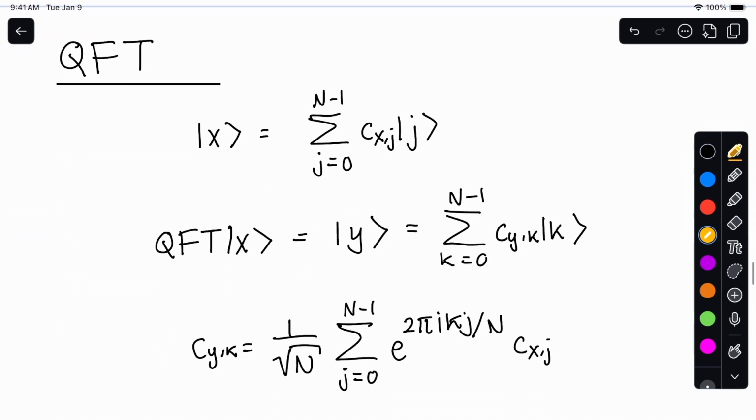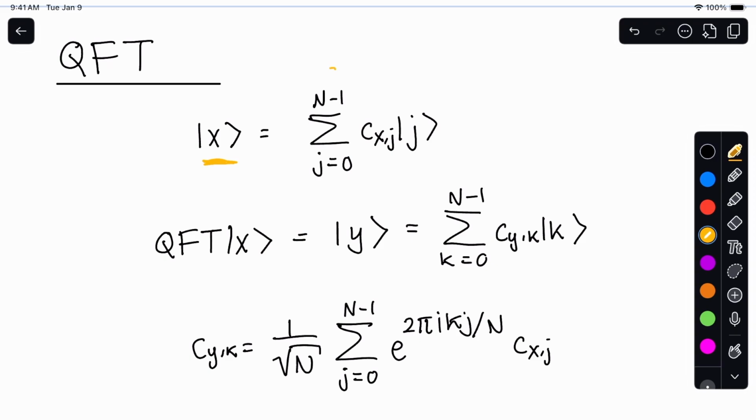So now we have, instead of vectors, kets, or quantum states. So here's an example of a quantum state. We have x, and then x is going to be a linear combination of all the bit strings of length n.